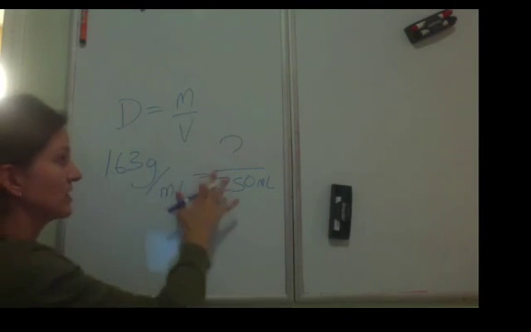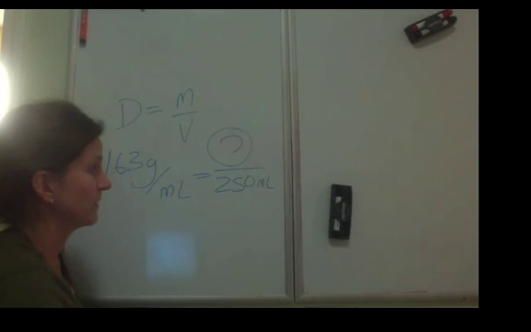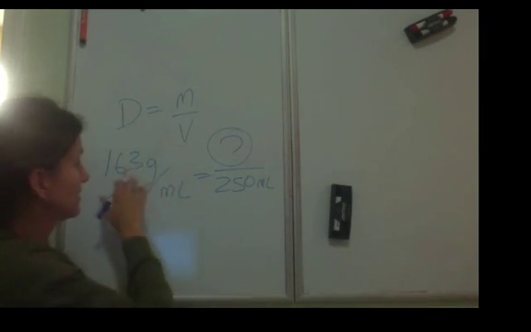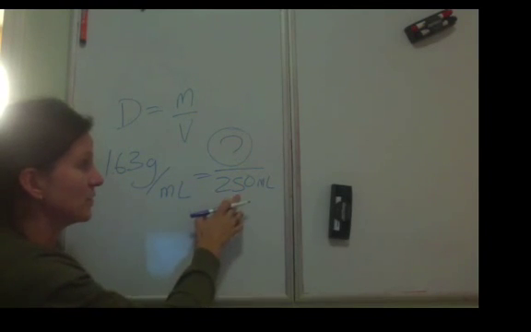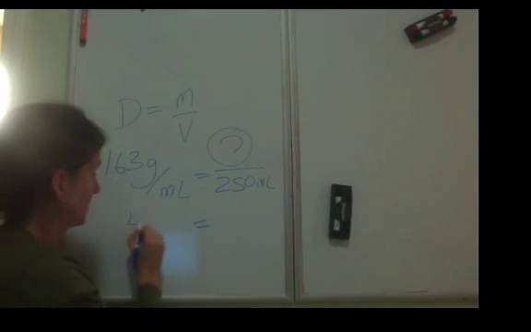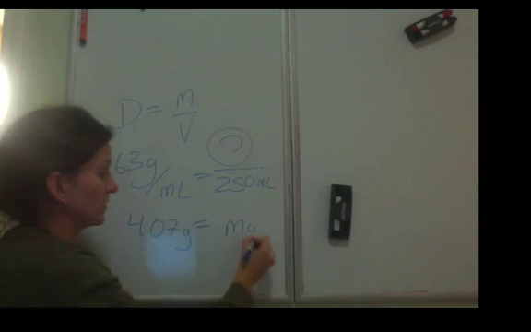You're going to rearrange these variables and isolate it so you have this question mark by itself. So if you take this 250 and move it up to the other side, you'll take 1.63 times 250 to get your mass. So you get a final answer of 407 grams equals your mass.